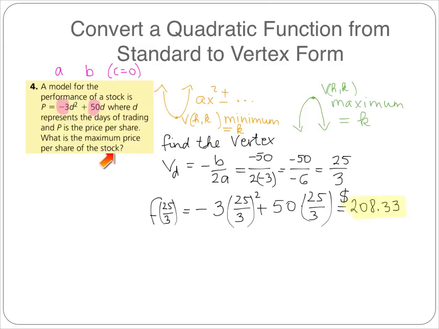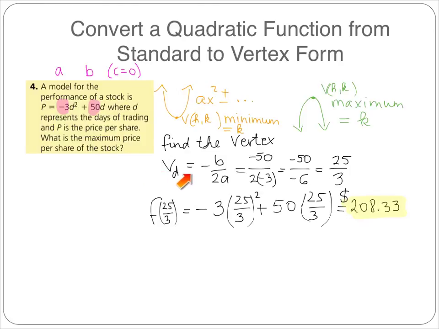Now, obviously, if I have a parabola with a positive a, then this is going to have a minimum at k. The minimum value will be k. And then if the parabola is upside down, which means it's negative, the maximum value is going to be, again, k. So we have to find the vertex for this problem.